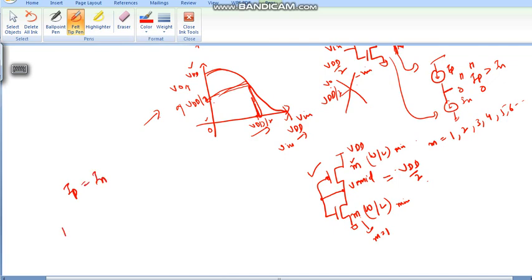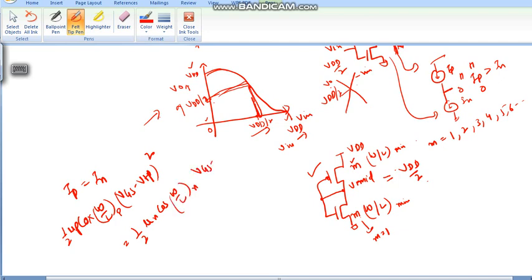So this is half mu P Cox W by L P, taking minimum size, (VGS minus VTP) squared, equals half mu N Cox W by L N, (VGS minus VTN) squared.